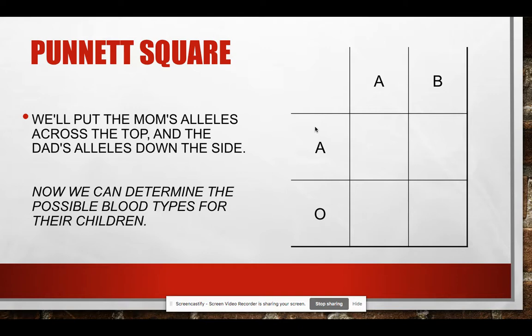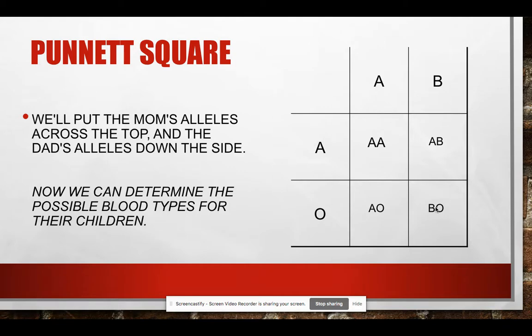So if the mother and the father both give A alleles, that means that I'm going to have an AA. If my mother donates a B and my father gives me an A, I now have AB. If my mother gives A and my father gives O, that's AO. And over here, that's going to be BO.